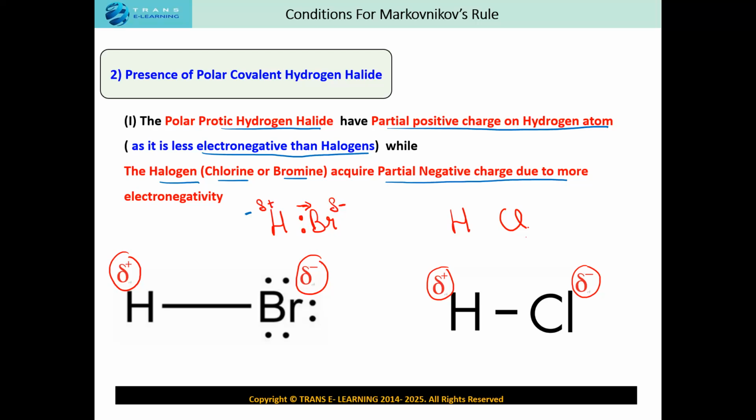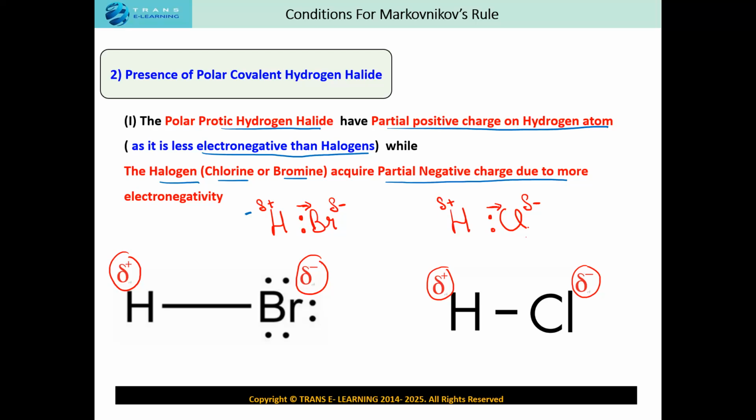So that is why it is a polar covalent hydrogen halide. Same case in the case of chlorine. Chlorine is more electronegative than the hydrogen atom. So the shared pair of electrons will get drifted more towards the chlorine atom. So the chlorine atom will acquire the partial negative charge, whereas the hydrogen will acquire the partial positive charge. So that is why it is a polar covalent hydrogen halide.